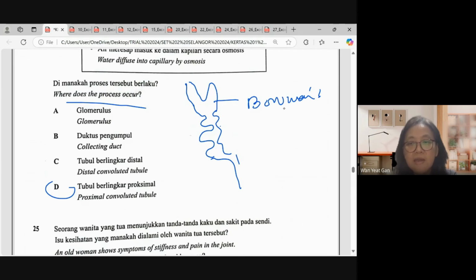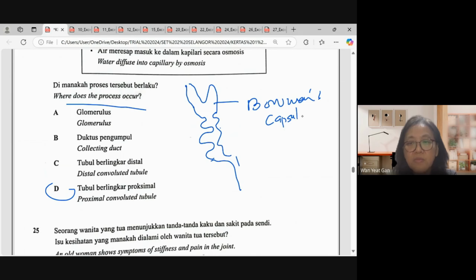So it's at the beginning of the tubule after the Bowman's capsule. This is where proximal convoluted tubule is located. So 100% of glucose and amino acid has been reabsorbed here.